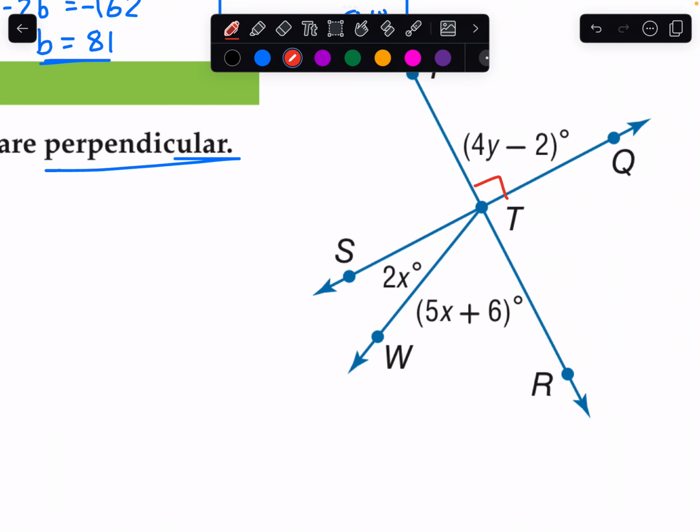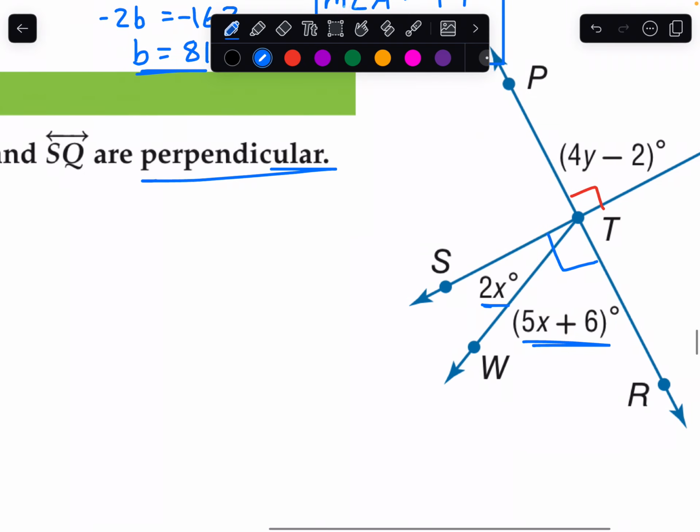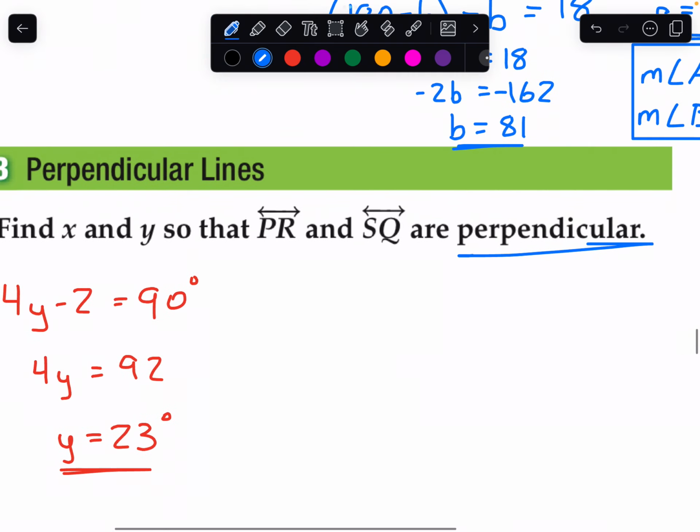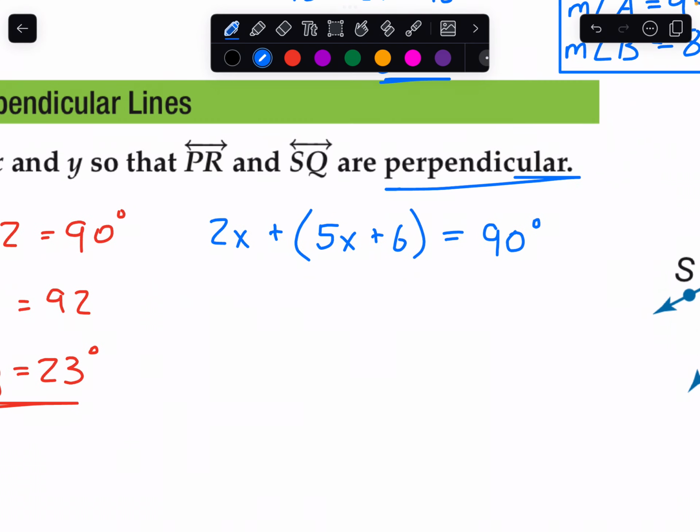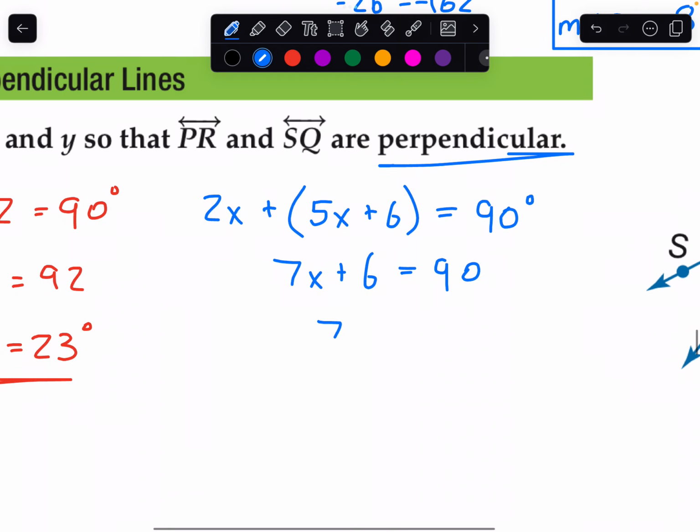And over here for x, we would have to combine these two together. Let's switch back to blue. These two together form this right angle. So 2x plus 5x plus 6 is equal to 90 degrees. 2x plus 5x is 7x plus 6 equals 90. Subtract 6 from both sides. 90 minus 6 would be 84.